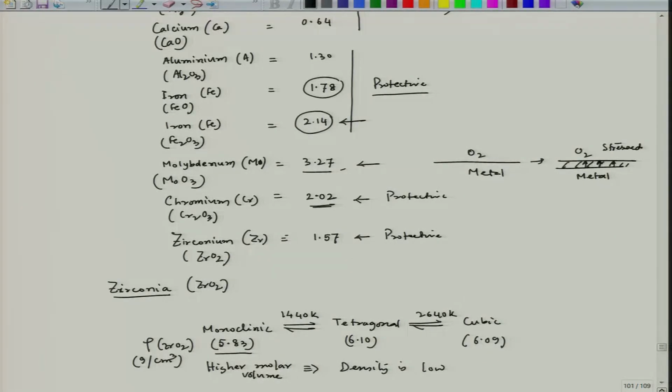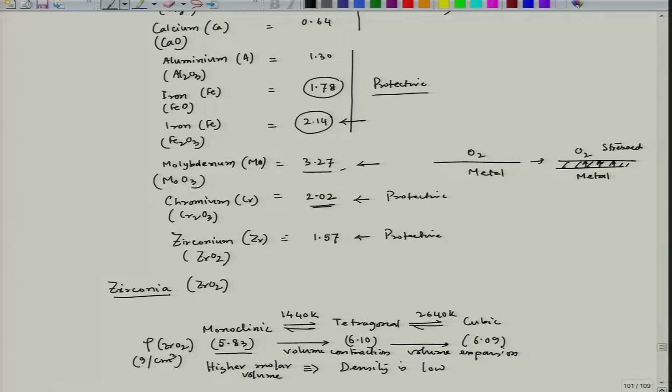Now, you could see that when it goes from monoclinic to tetragonal, we have volume contraction. Again, from there to here, I have volume expansion. But interestingly, zirconia is used at a high temperature.